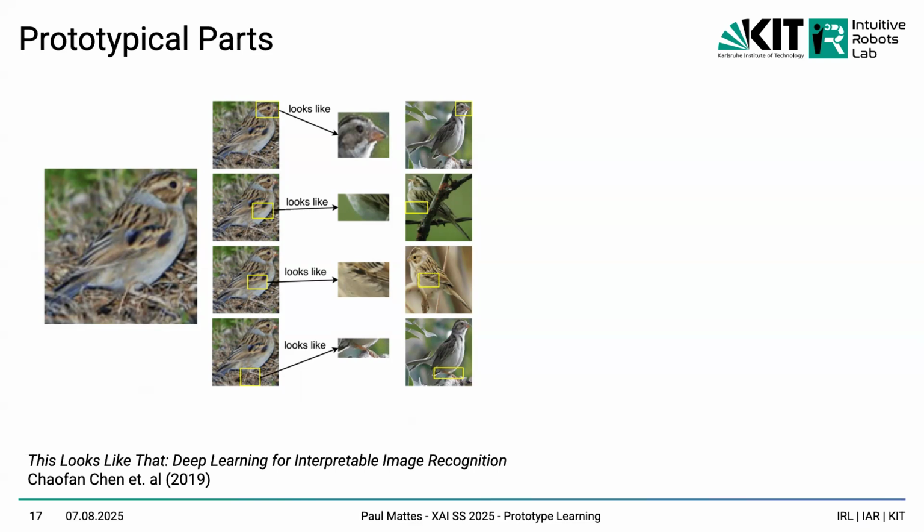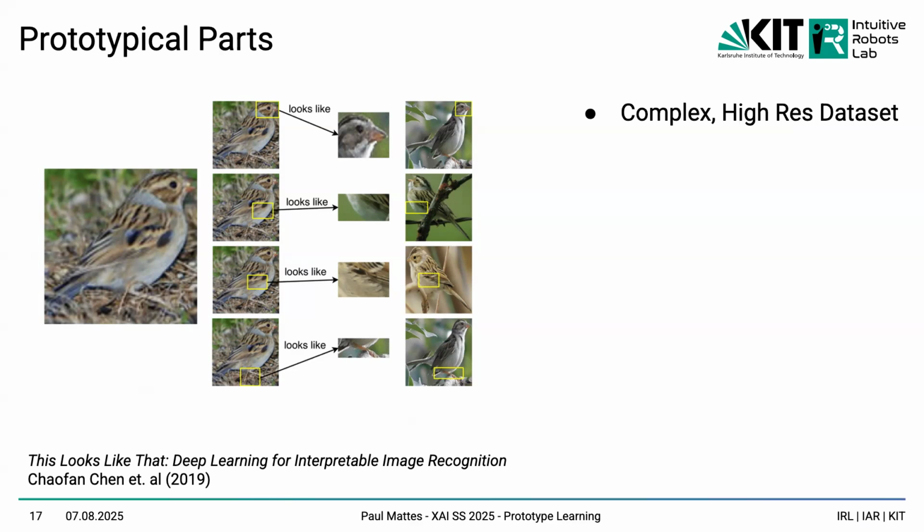And now we can use different prototypes to represent different parts in the image. For example, the head, or something like the belly, or the feathers, or the feet, and so on, and can then say, okay, we can use those prototypes to predict maybe what class of bird it is. Of course, all birds have a head, but maybe it looks a little different, right? And this is where we can have multiple prototypes which all focus on different kinds of heads, maybe.